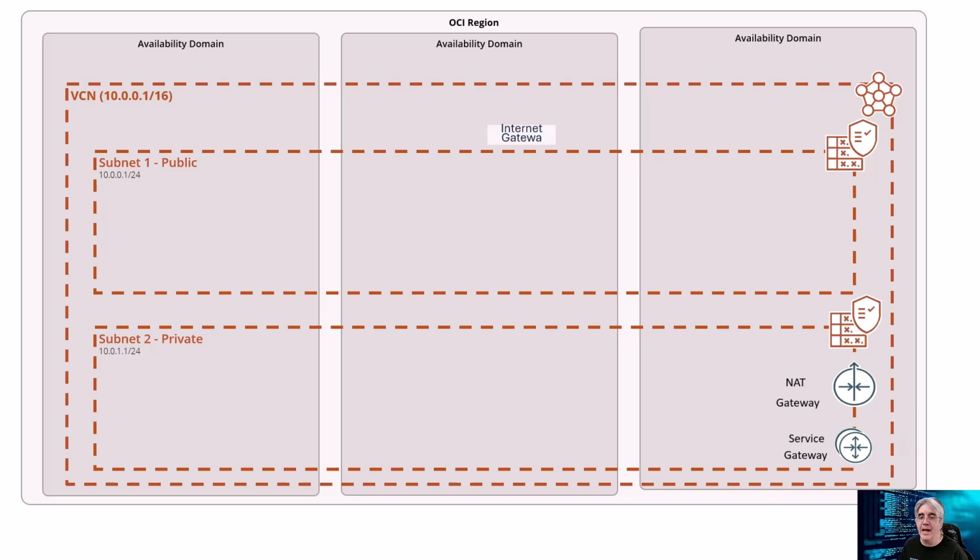Next, you can add a NAT gateway, and that's going to allow your instances that are in your private subnets to gain outbound access to the internet. So it's one way. The instances can reach out to the internet, say to pick up patches, things of that nature, but there's no way to address the instances coming back in. So it keeps them secure.